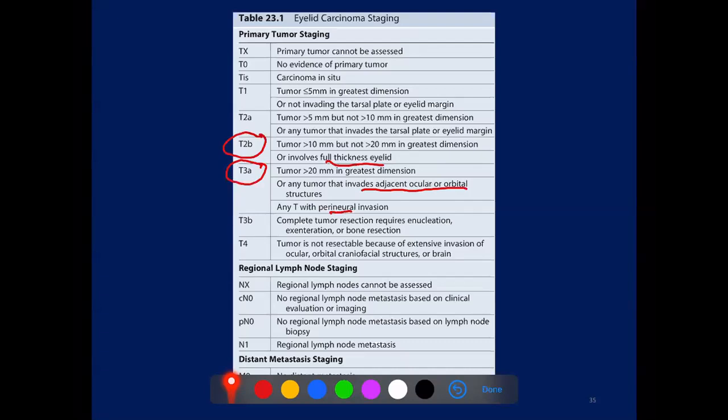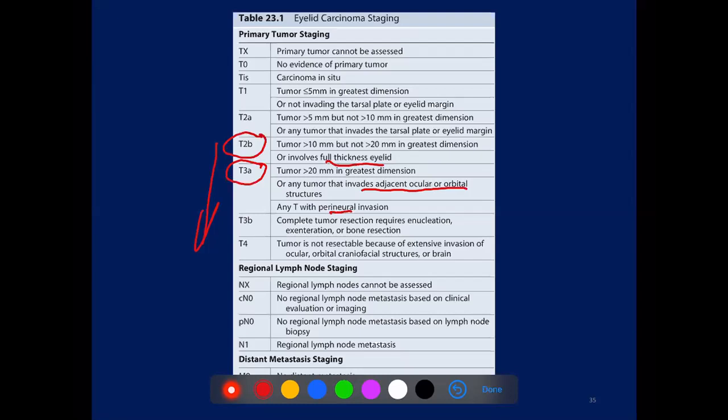But the typical answer is T3A or worse. If you're dealing with this or worse, you should involve the oncologist, head and neck surgeon, and also the radiologist, because sometimes the patient refuses to undergo sentinel lymph node biopsy. So you can arguably elect to follow up with PET scan or serial MRI.